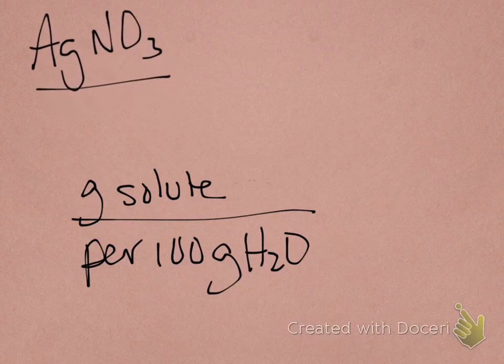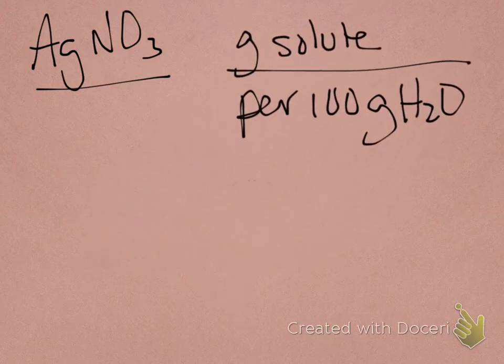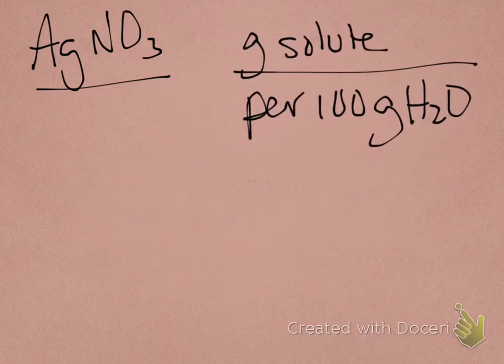So if we look at silver nitrate, the first column that has numbers in it, at the top, what does the heading read? 0 Celsius. So that column is telling us how many grams of silver nitrate we can dissolve in 100 grams of water at 0 Celsius.